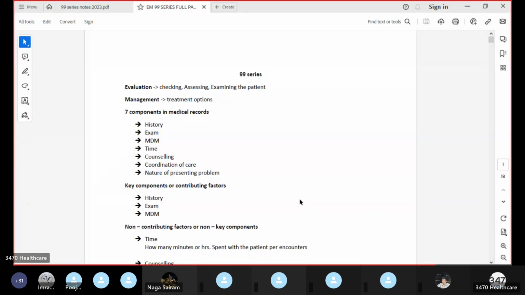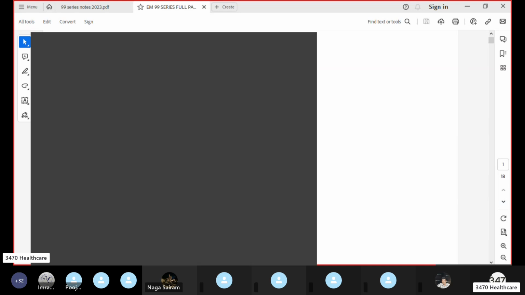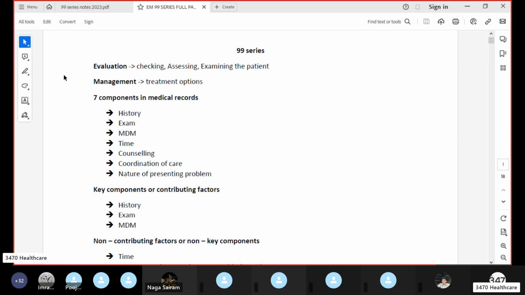Before, in the starting period, when a doctor saw any patient, in that patient's medical record the MD should document some information.